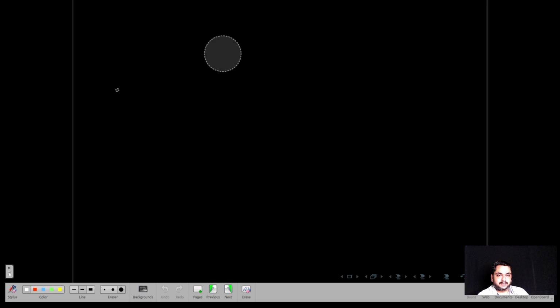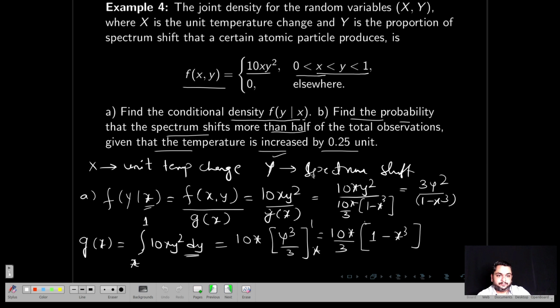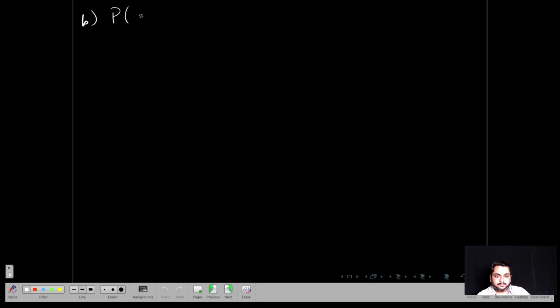So basically they are asking for the probability that spectrum shifts more than half. Spectrum is represented by y. More than half means y greater than 1 by 2, given x is equal to 0.25.